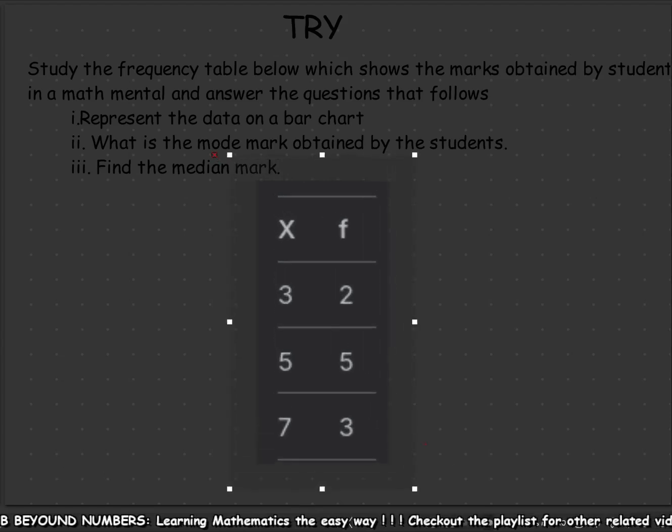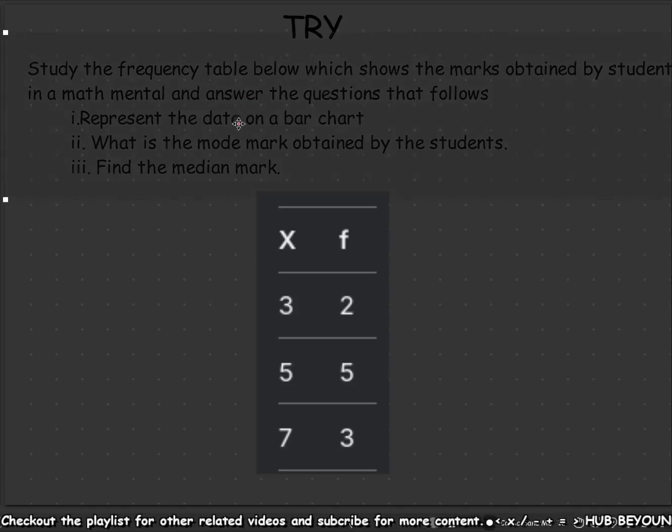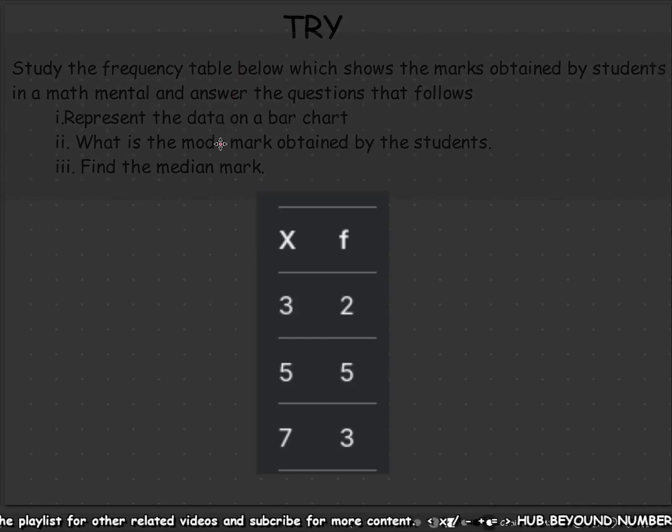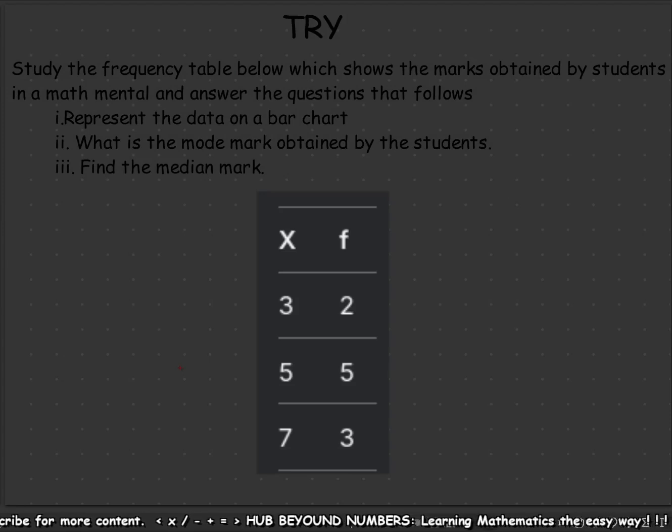This here is just a very simple frequency table, and it says study the frequency table below, which shows the mark obtained by students in a math mentor, right? And answer the questions that follows. You are first of all required to represent the data on a bar chart. Secondly, what is the mode mark obtained by the student? And then finally, you have to find the median mark, right?